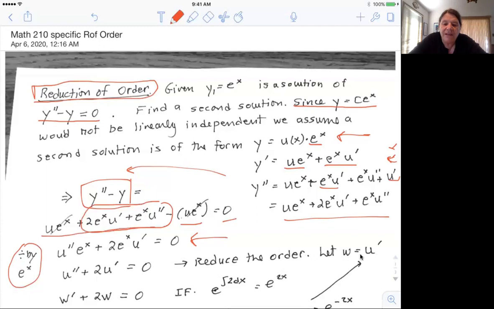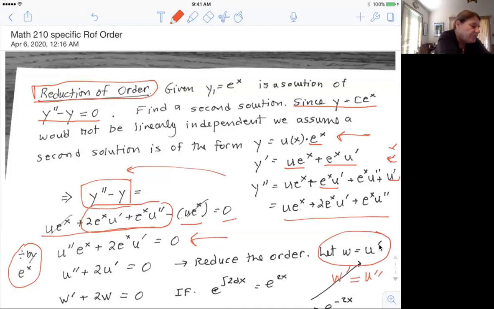In other words, I'm going to let W here, just for briefly, replace u prime. So, and they're both functions of x. So here's the substitution I'm going to make. And if W is equal to u prime, then u double prime is W prime. So W is u prime, W prime is u double prime.